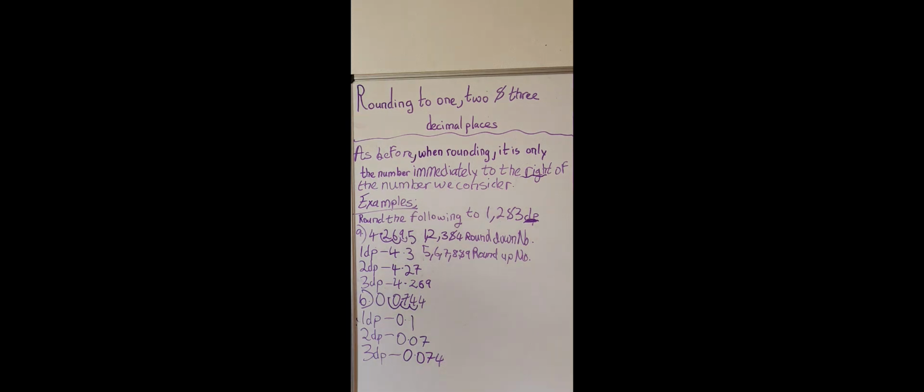Let's move on to the third example. For the third example, we have 17.033. For 1 decimal place, we go 1, and 3 is a round down number, so it's going to be 17.0.